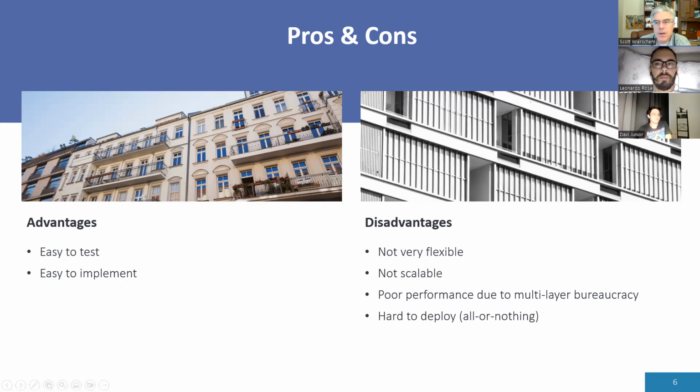The problem is that it's not very flexible. The layers have to be very strictly maintained, and that can cause frustration when some component needs to straddle more than one layer, and it's not scalable.